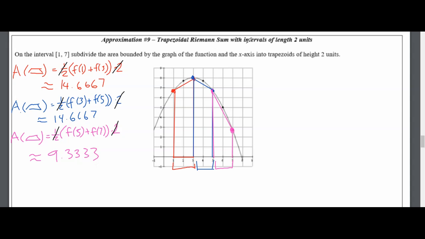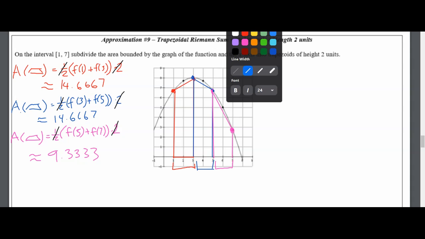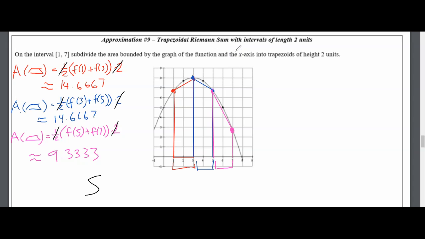And if I add those all together, then my estimate for this integral from 1 to 7 of f of x dx is approximately 38.667.